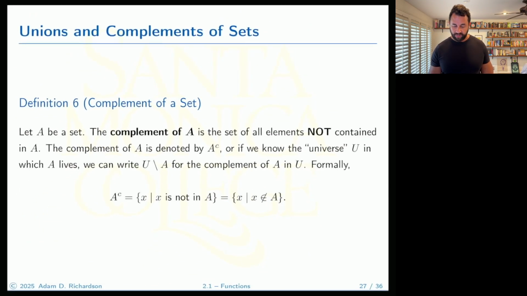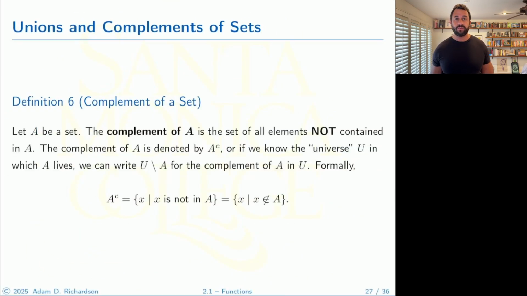But sometimes if we know the quote universe where these sets live, sometimes we call it U, then we can write the complement as the universe set minus the set A. That's what that little slash means right there. It's called set minus.